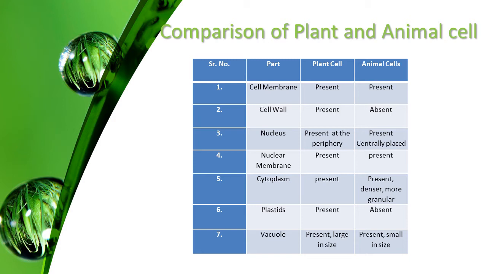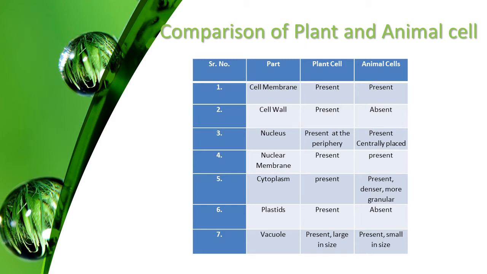Third point, nucleus. Again, you can see this is the similarity between plant and animal cells. Both of them have a membrane bound nucleus. Both of them have nucleolus as well as chromatin fibers present inside the nucleus. Function of nucleus is the same in both the cells, but there is a little difference in the location of the nucleus.